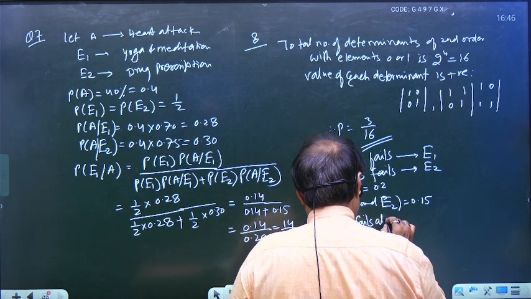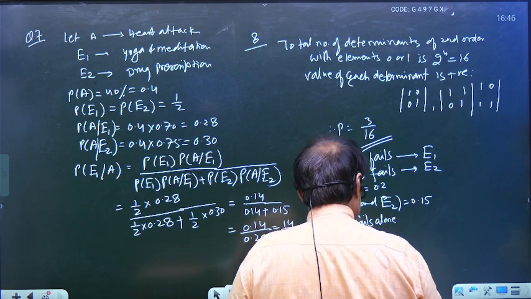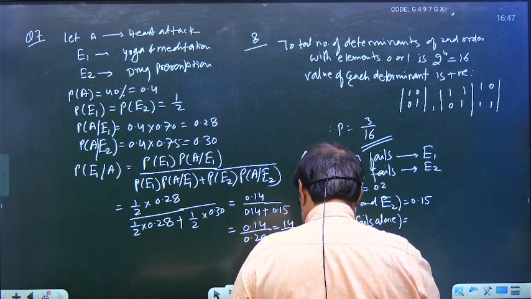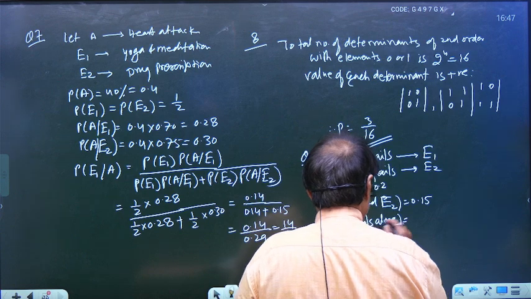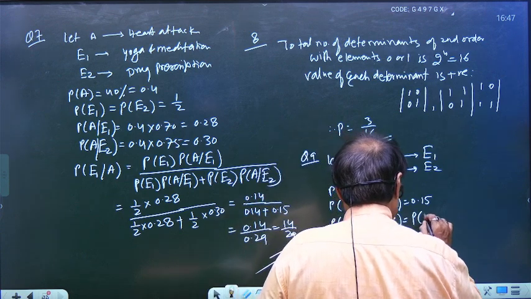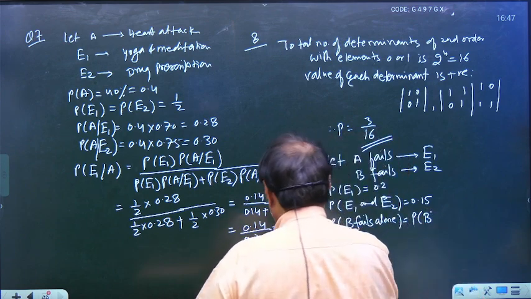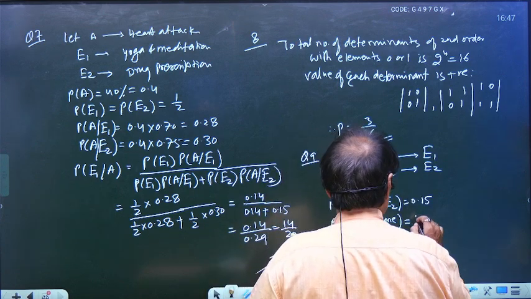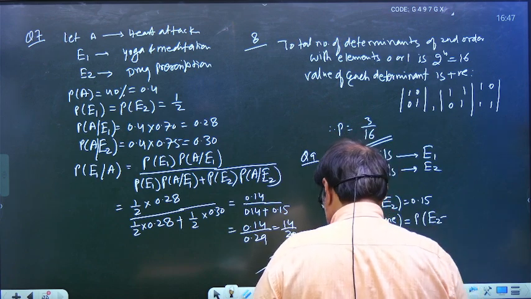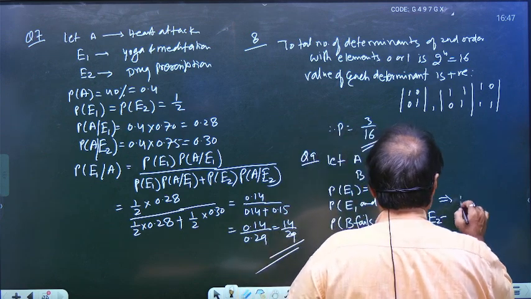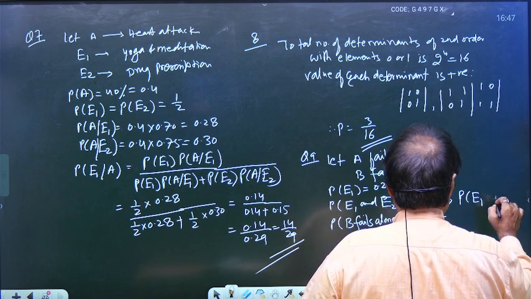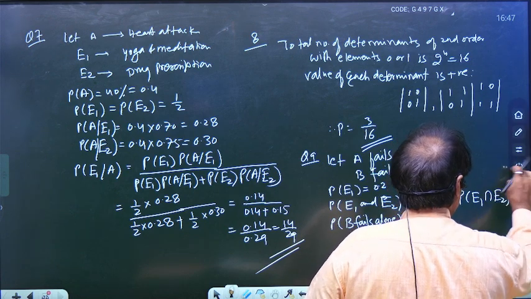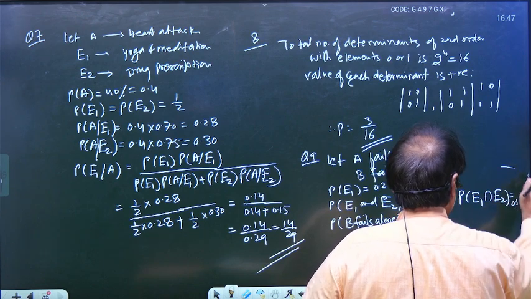B fails alone means probability of E2 minus probability of E1 intersection E2, which is 0.15.